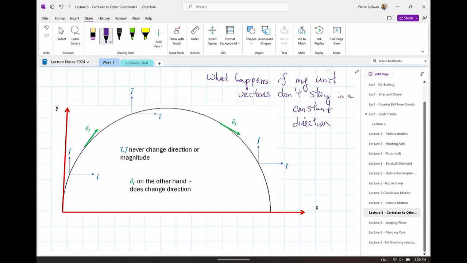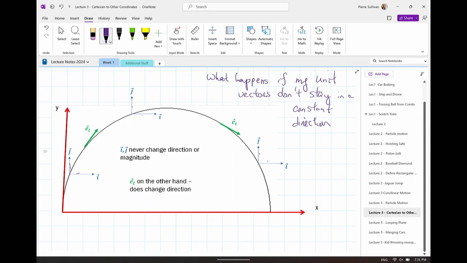That leads into the obvious question: what happens if my unit vectors don't stay in a constant direction? So you can see, for example, on this figure, you have i and j at various locations.